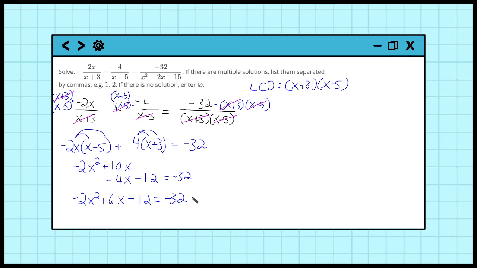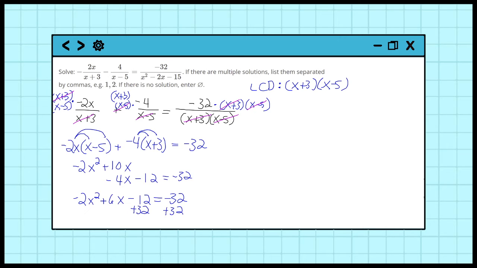Now, I see that this is a quadratic. And if you remember from when we were solving quadratics earlier in the semester, we talked about how it has to equal 0 in order for us to go through the process of solving it. Right now, because it equals negative 32, I need to add 32 to both sides.